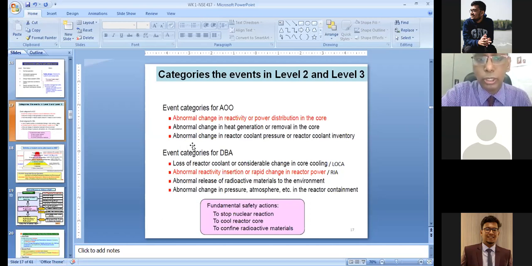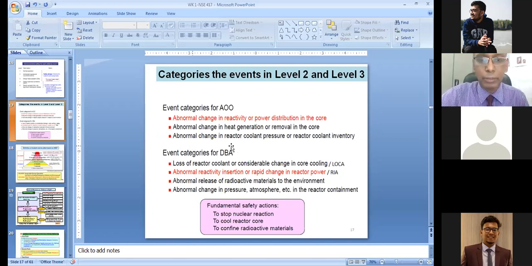So an abnormal change in heat generation or removal in the core, an abnormal change in the reactor coolant pressure, or also the water level height. If that type of abnormality is found, then something has happened. That means it is going from level 1 to level 2, from incident to accident.